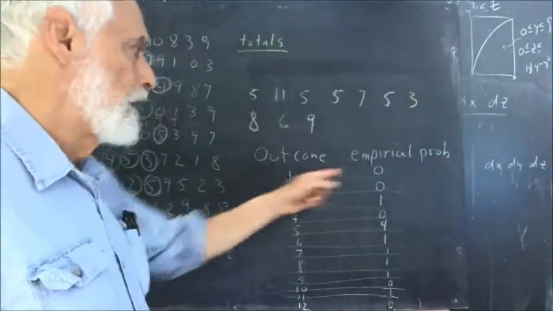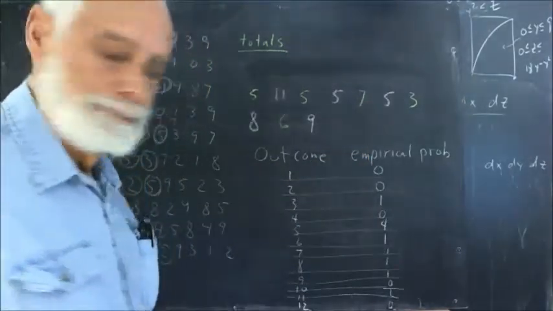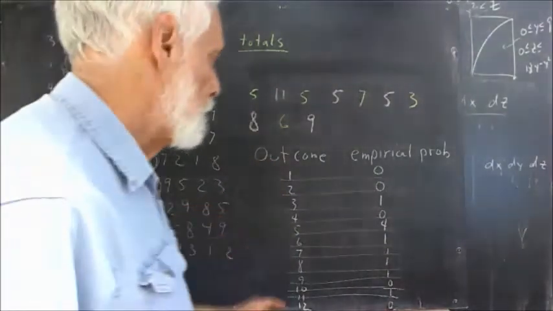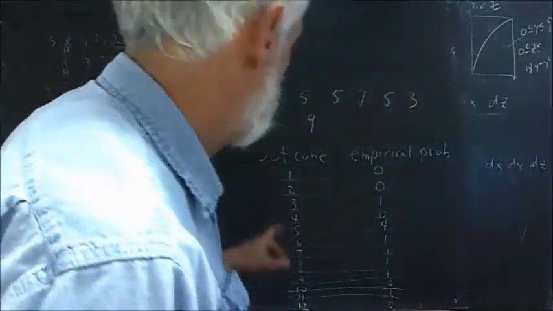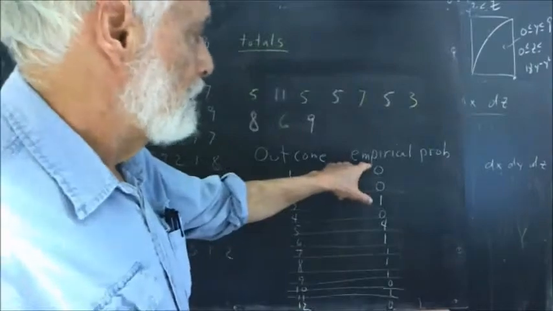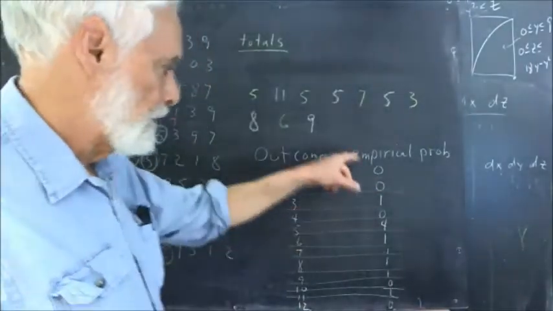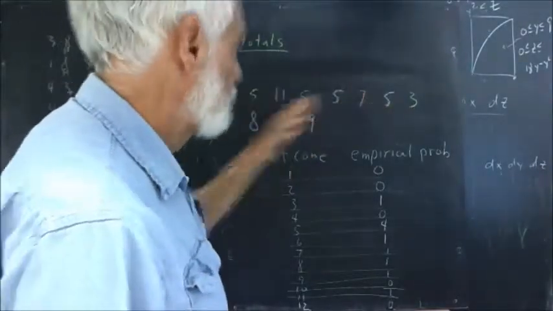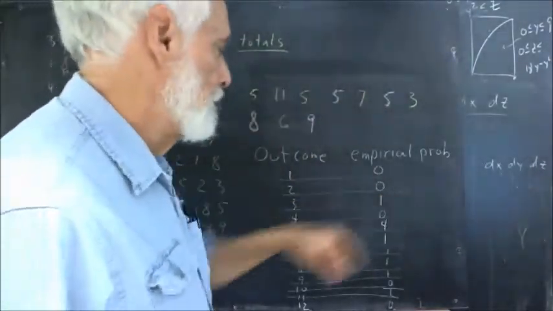I wrote the number of outcomes for everything from 1 through 12. So now we're getting an empirical probability. I don't have probabilities yet, I just have the numbers of outcomes. To get the probabilities, there are 10 outcomes, so each of these will be divided by 10.